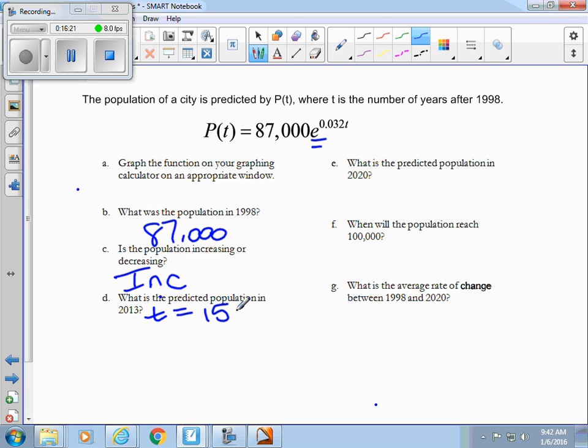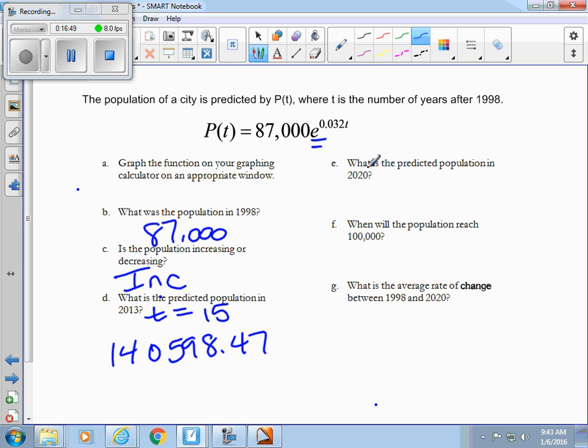You can either use your table or you can use your value button. It's 140,598.47. So yes, you can round that to the nearest whole number since it's population. That's fine.